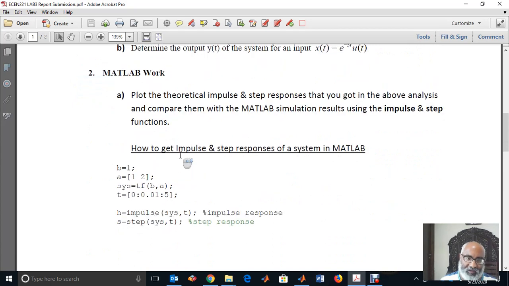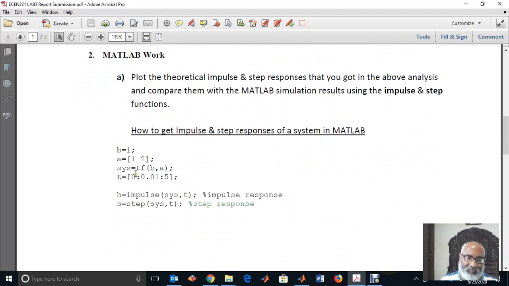So always put the vector in descending order, from the highest derivative to the lowest derivative. So A is 1, 2, and B is equal to 1. Then you define a system.